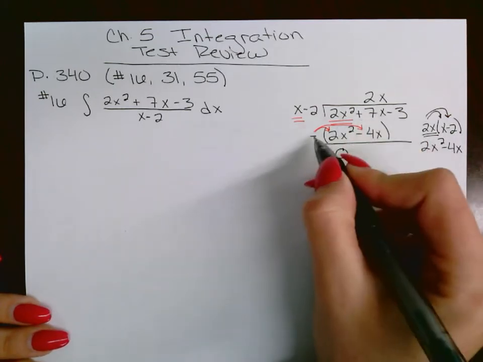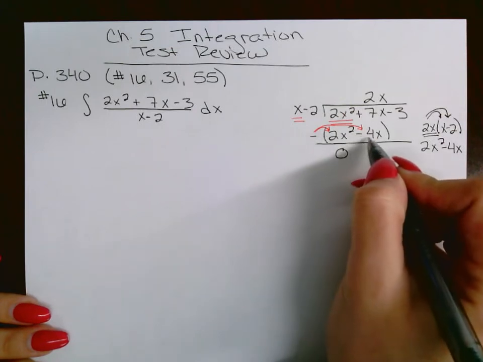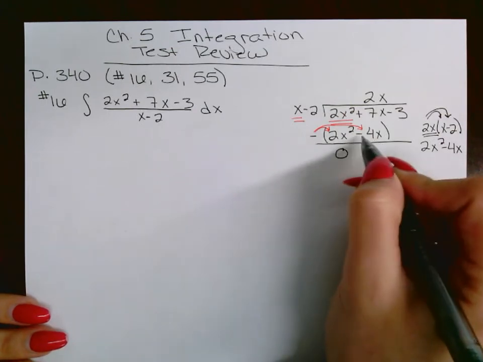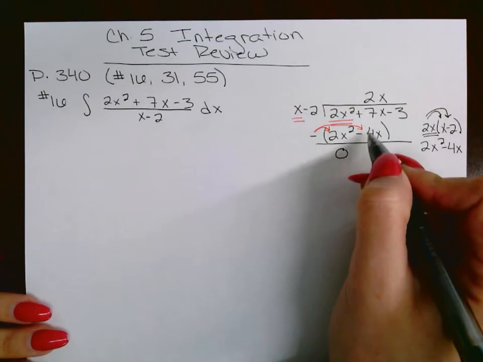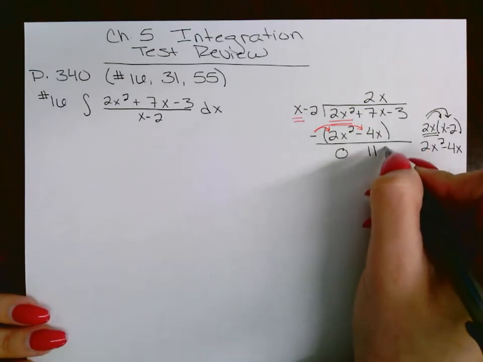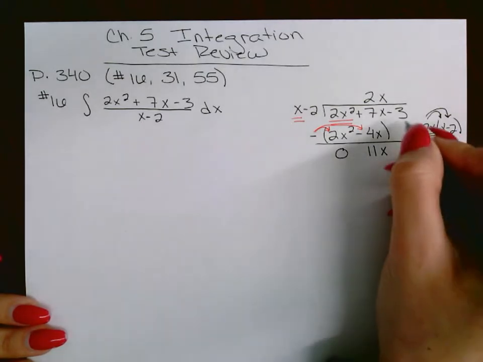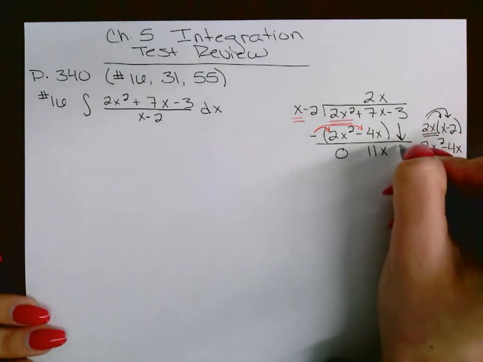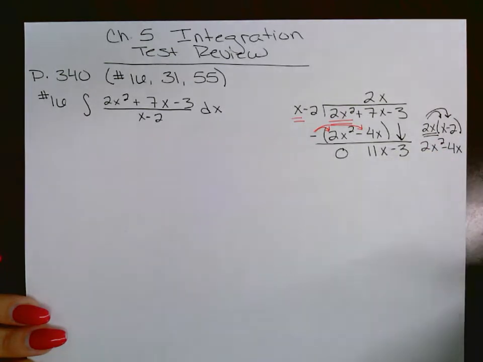And then I have 7x minus a negative 4x. Those two negatives make a positive, and I'm really working with 7x plus 4x, which gives me, good, 11x. Okay? Bring down the negative 3, and I do the whole process all over again.